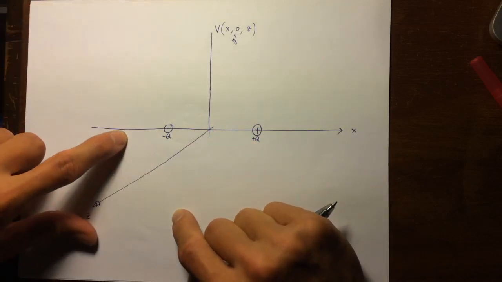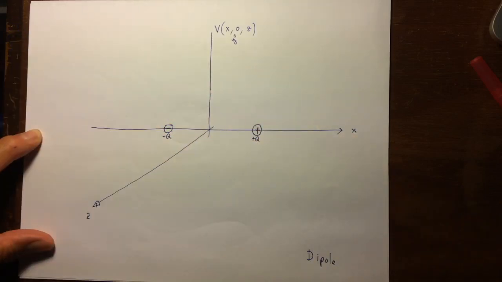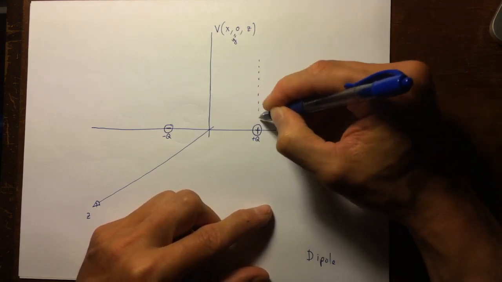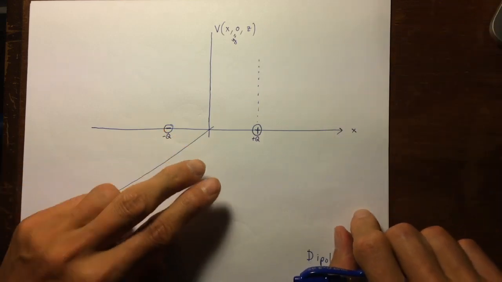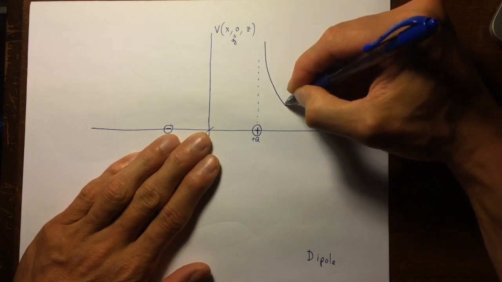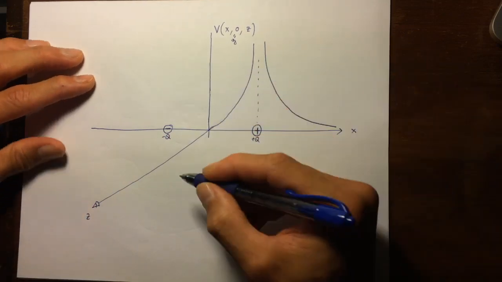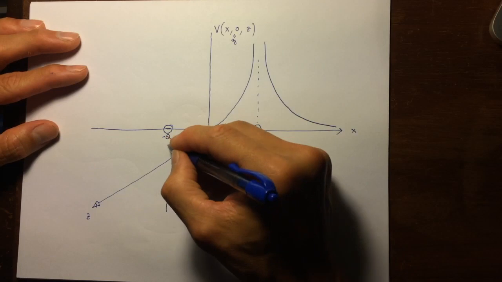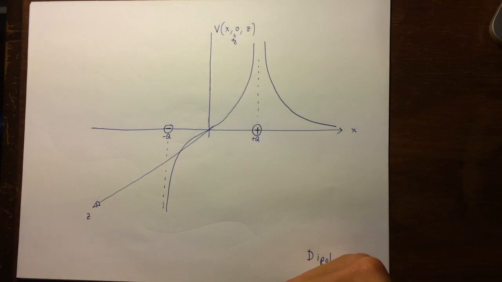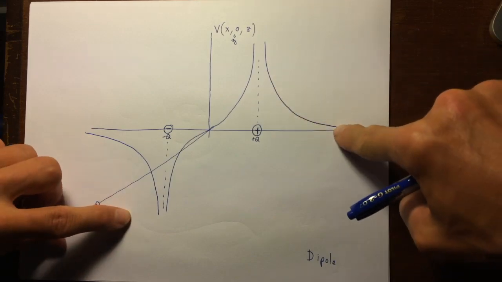And on the other side, I'm going to come up to 0 as x goes to negative infinity. So this turns out to just be the answer. So this right here is an asymptote for the potential for z equals 0, actually, like this. So the potential function looks like this. And on the other side, it comes down to the origin, crosses through, and runs up against the asymptote that runs through the position of the negative q charge. And then on the other side, it just looks like this.